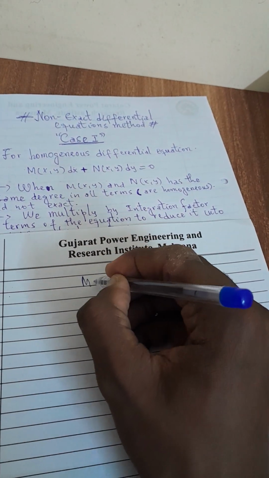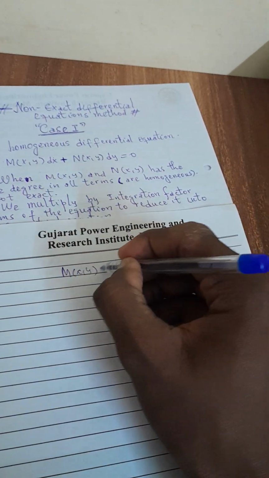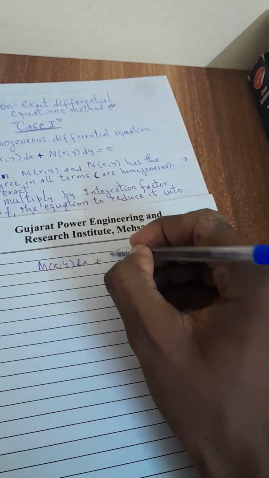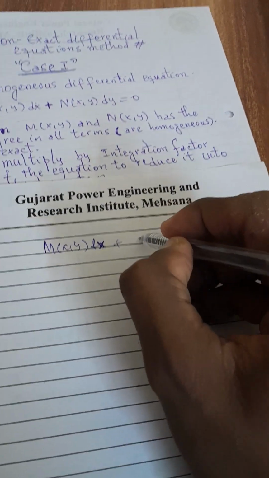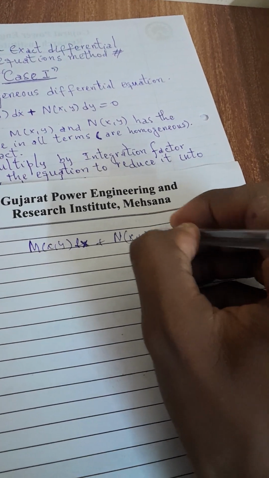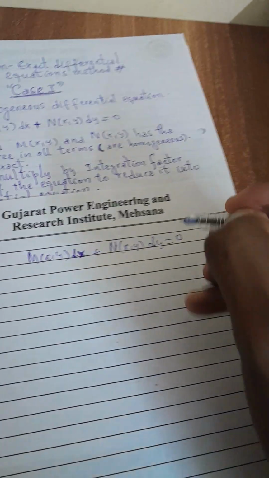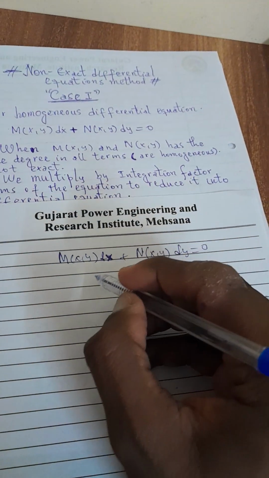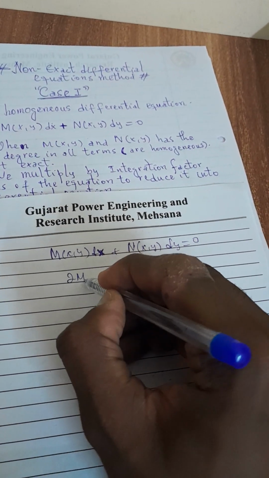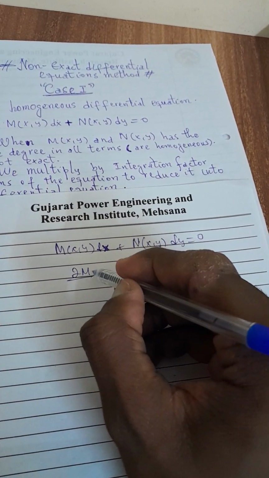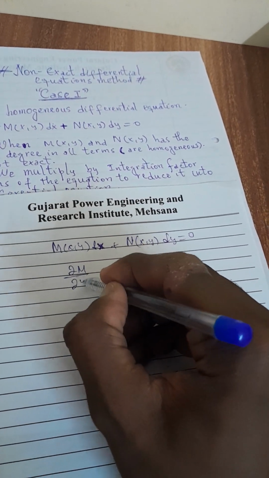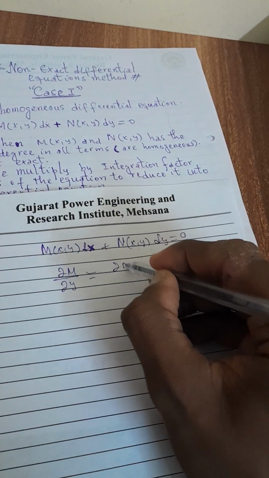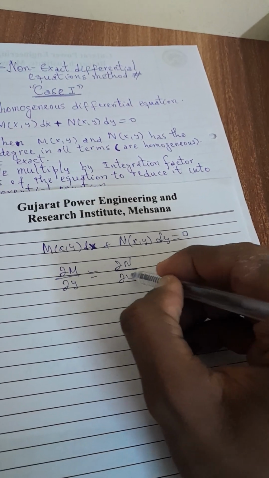Suppose we have M(x,y) dx plus N(x,y) dy equal to 0. It is exact when the partial derivative of M with respect to y is equal to the partial derivative of N with respect to x.